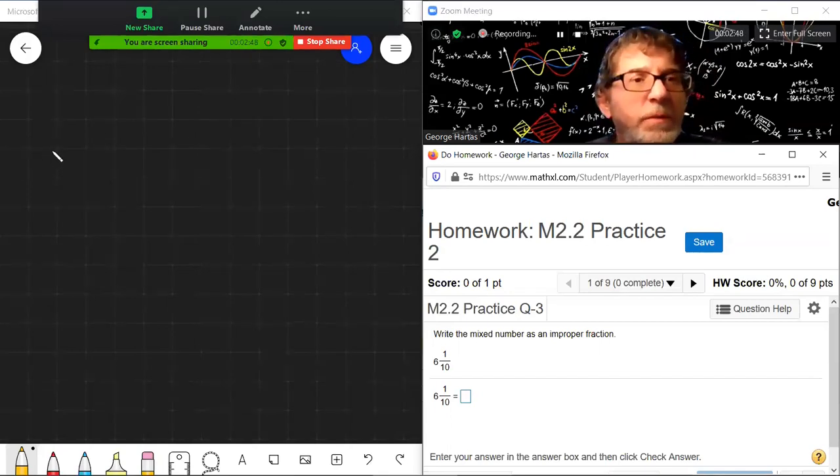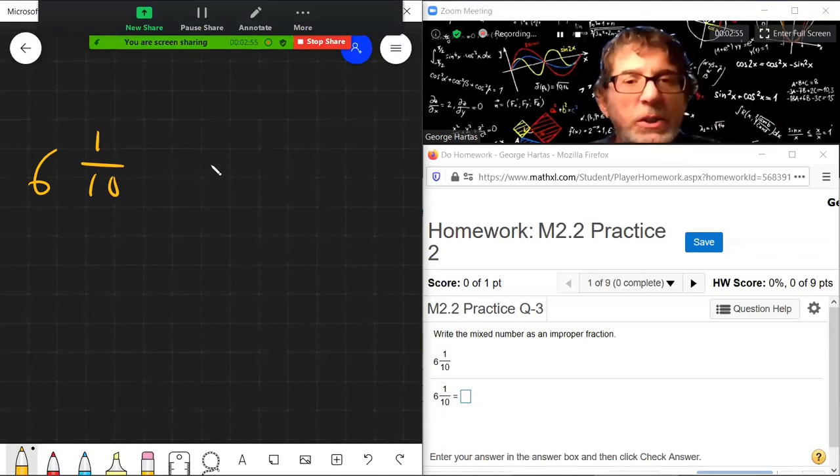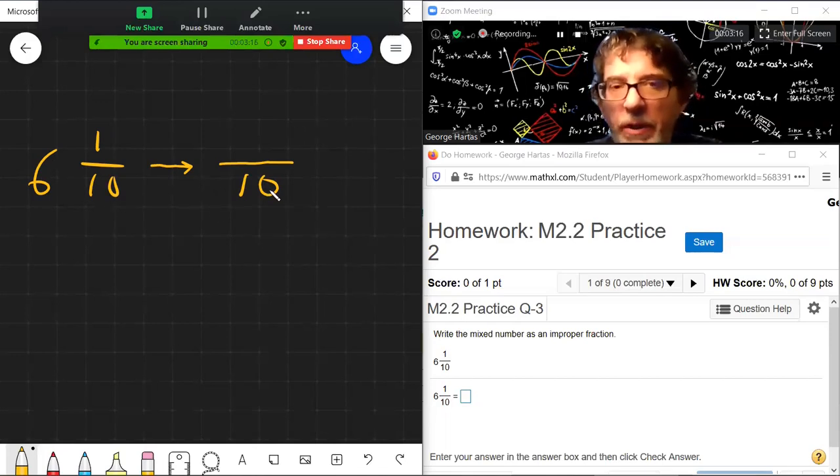All right, so we have 6 and 1/10, and we need to convert this into an improper fraction. If you recall, what you can do is take the denominator and bring it over. It's going to be the same denominator in the mixed number as it is in the improper fraction. So just bring it over. That way you'll know what goes there, which is what we're about to do.